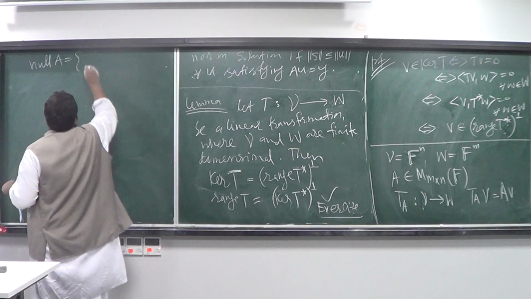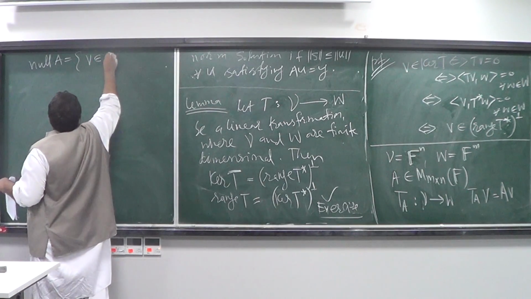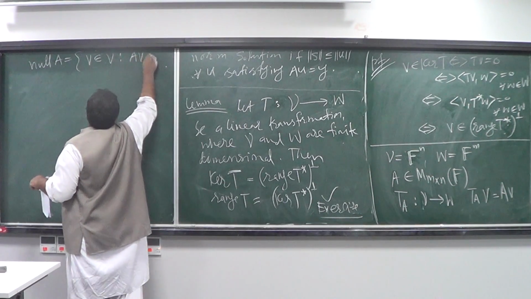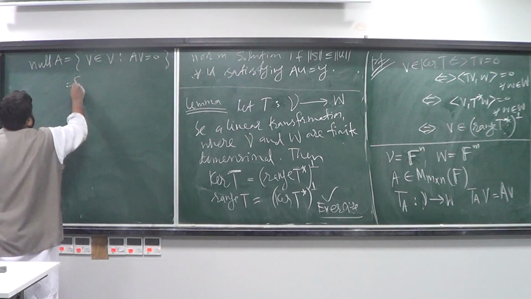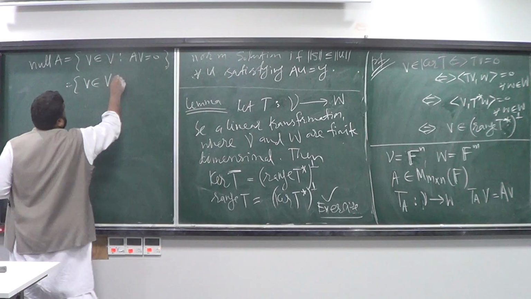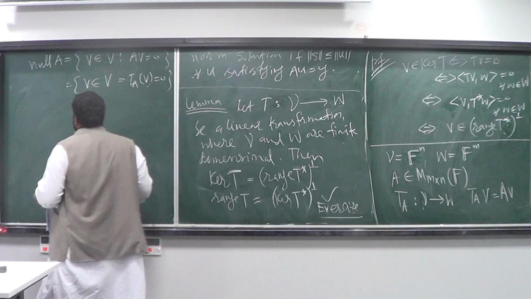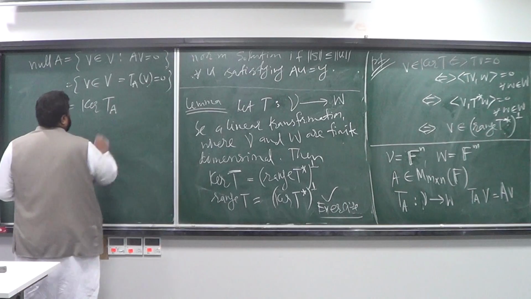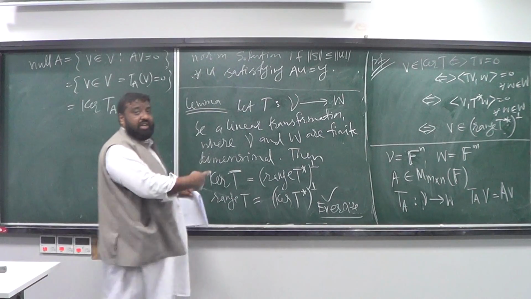The null space of A consists of those vectors from, say, V such that A v is equal to 0. In other words, it consists of those vectors from V for which T_A operated onto v is equal to 0. So this means that this is really the kernel of T_A, the kernel of the linear map T_A.